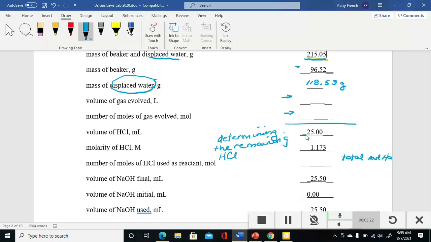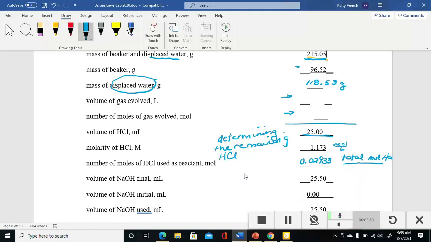We used a 25 milliliter volumetric pipette, and this was the molarity of my HCl. So when I converted this to liters and multiplied, remember, molar is moles per liter, I found that I had 0.02933 moles of HCl total. So this was the total moles of HCl that I started with.